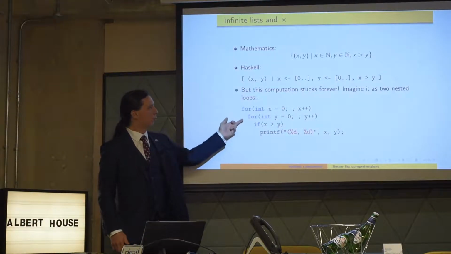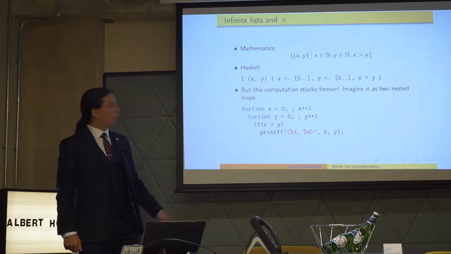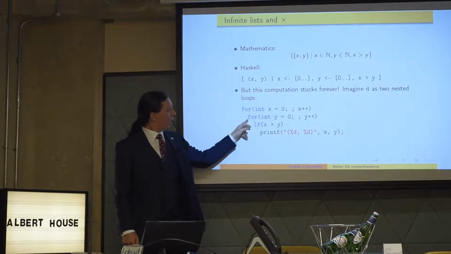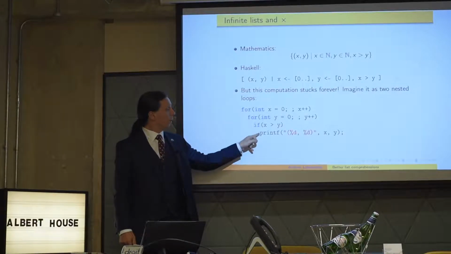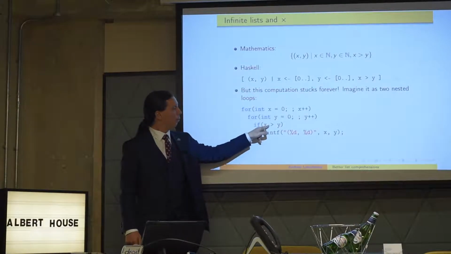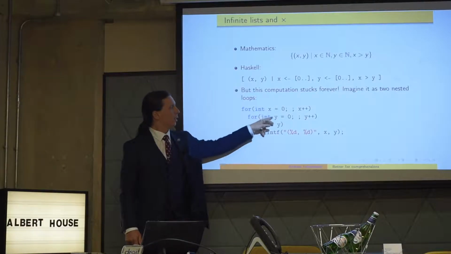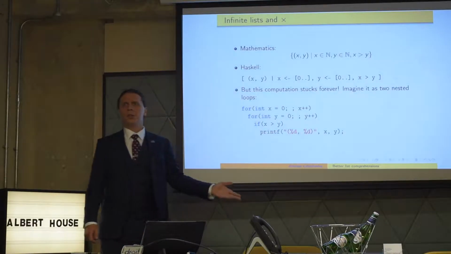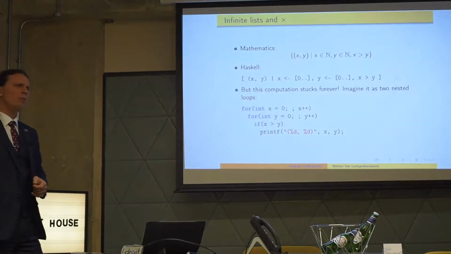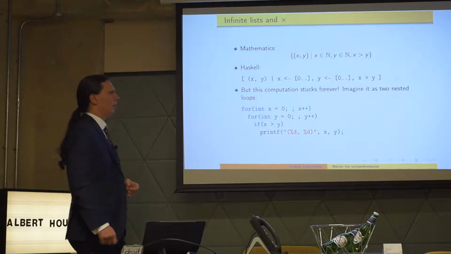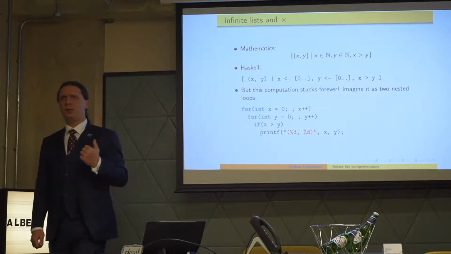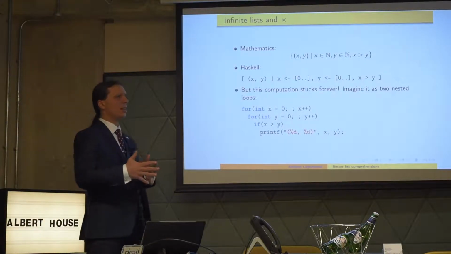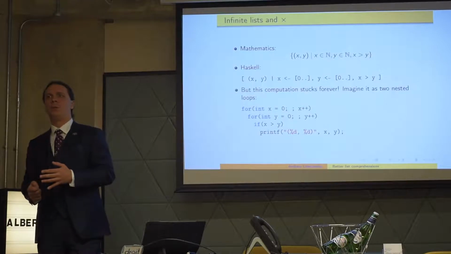Internally, we are just running 2 for loops, and once we enter the first one with x equal to 0, we are stuck forever in the second one, because we will check if 0 is greater than 0, no, false, next y. 0 greater than 1, no, false, next y. So we are just stuck forever. This problem looks similar to the previous one with interleave. Again we encountered some infinite lists and we cannot move further, we are stuck.